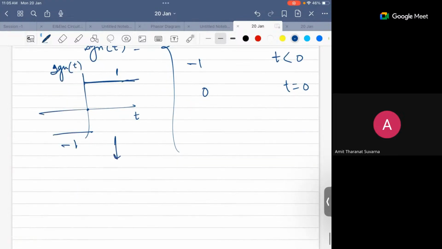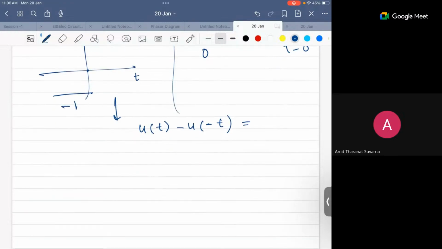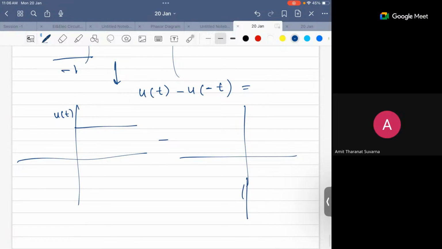Okay, so you can write this in the form of u(t) also. We have already seen, right? u(t) minus u(-t) will be signum. How will you represent u(-t)? If you subtract it, what will you get?